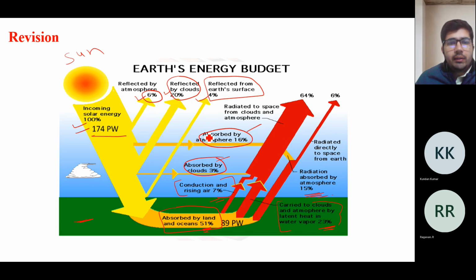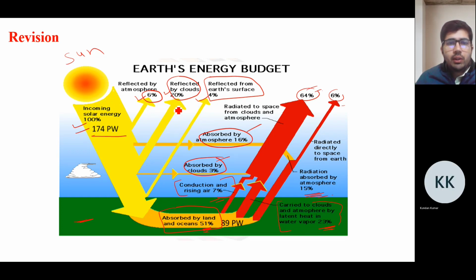Okay, and then further, around 6% will go directly to the space. So the 64% is radiated to the space from clouds and atmosphere. So the clouds are formed, so that 64% is used in radiation to the space from clouds and atmosphere, and 6% is radiated directly to space from the earth.